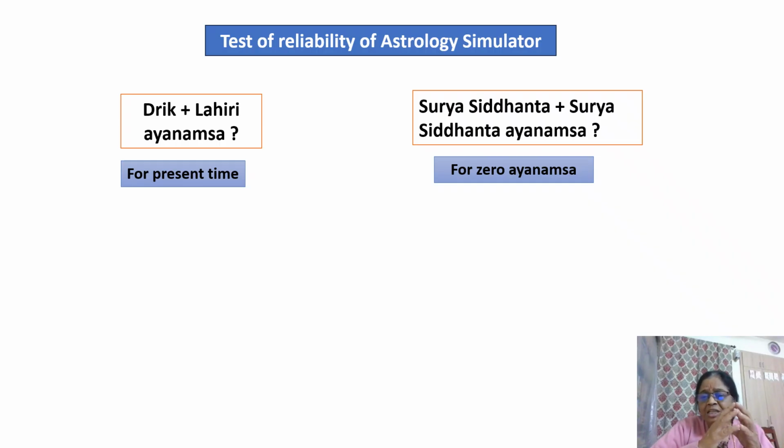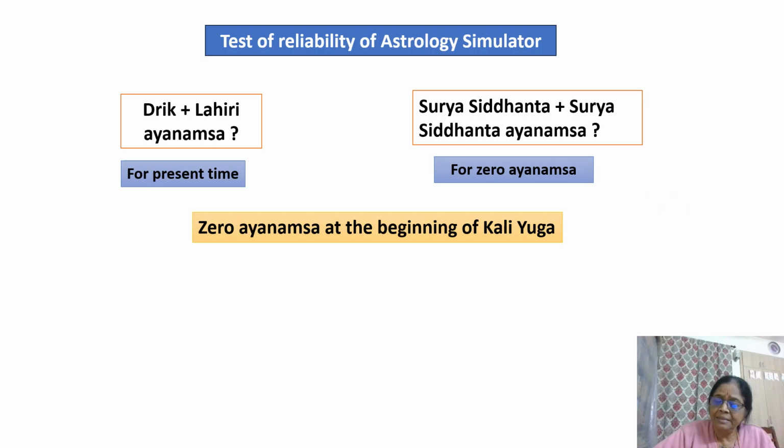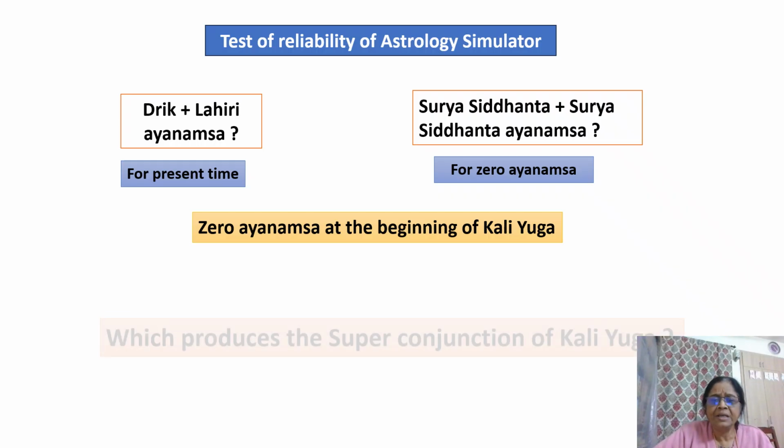The Surya Siddhanta has been designed in such a way that it talks about zero degrees and the extremity of 27 degrees on one side and another extremity of 27 degrees on the other side. So in between, the ayanamsa will vary, year after year it changes. Even now it is changing. So for the other years it is difficult, whereas for zero years, it is very certain. And the zero ayanamsa is there at the beginning of any yuga, including the Kali Yuga.